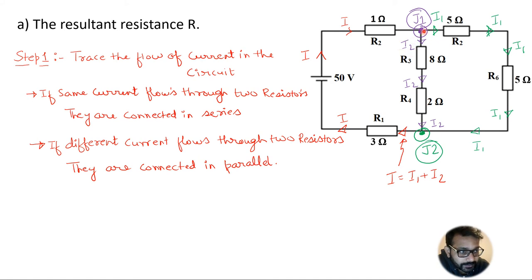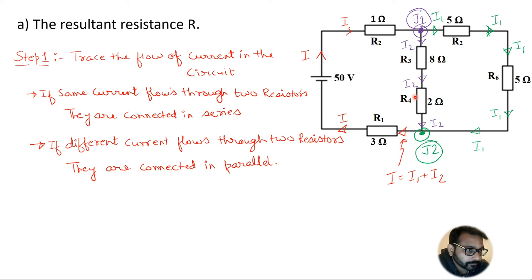So at junction J1, this current I will get split into two currents, I1 and I2. Some portion of the supply current I will flow in this path, and the remaining portion will flow in this path.